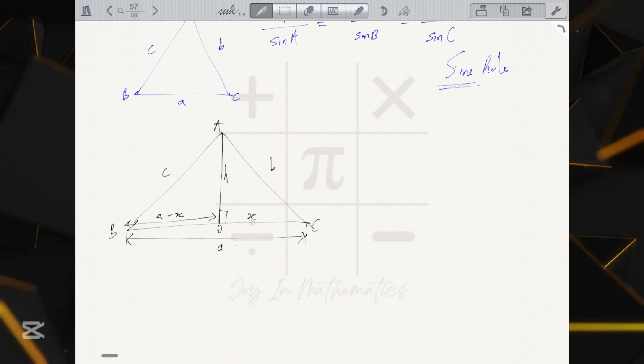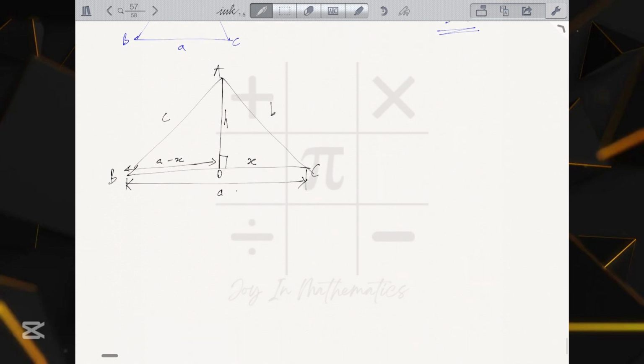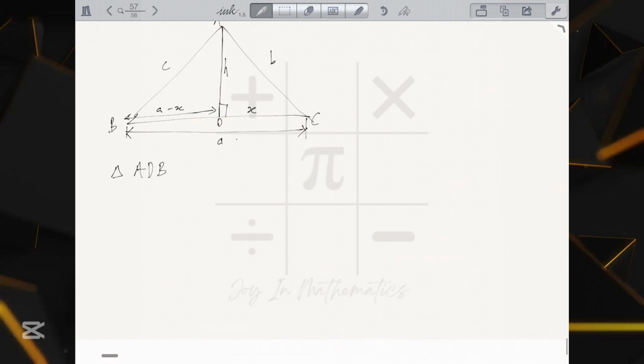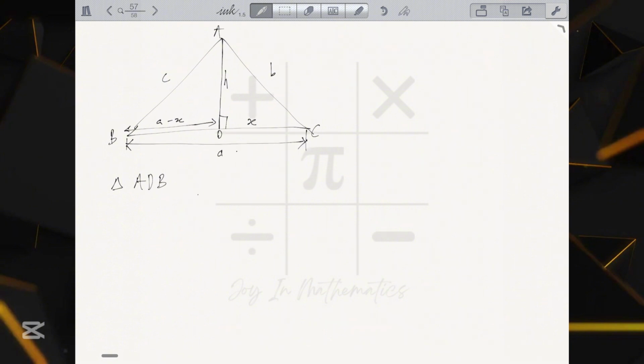So we are going to consider two triangles. Let's consider triangle ADB, which is right-angled at D. Triangle ADB has a height of h, a hypotenuse of c, and an adjacent of a minus x.